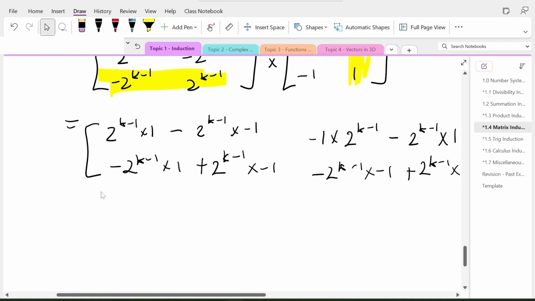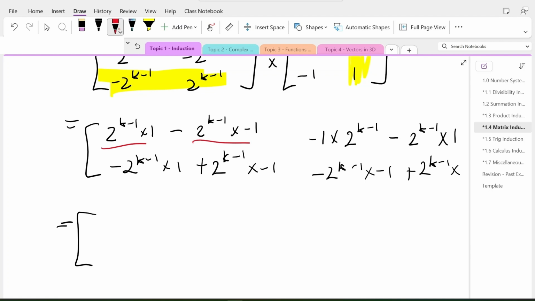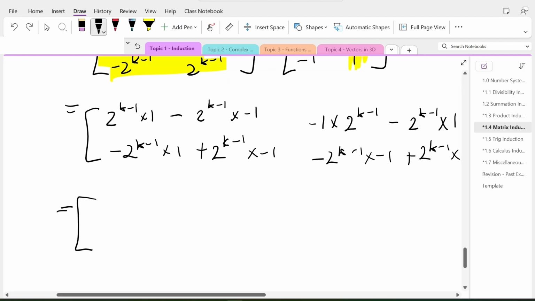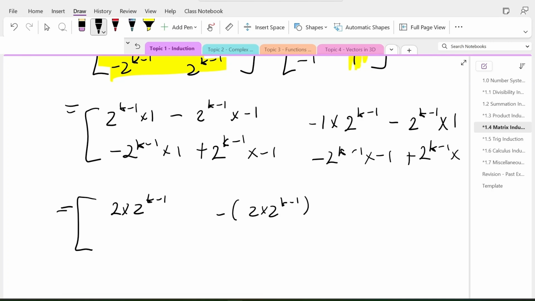So you might notice here, this first term, this one and this one are actually just the same term, because in that last term, both negatives cancel out and make it into a positive. So this is 2 times 2 to the K take 1. This next term is negative, can come out the front, 2 times 2 to the K take 1.